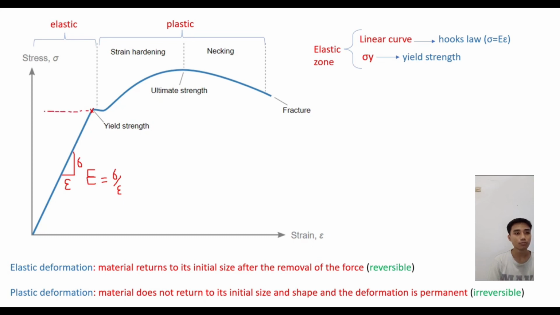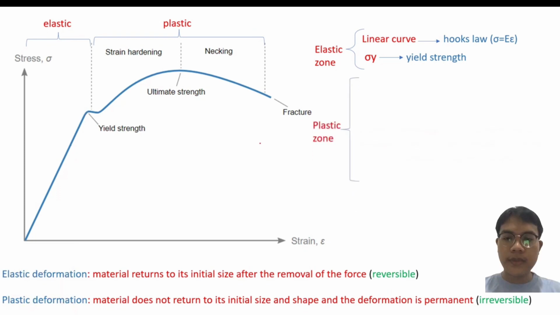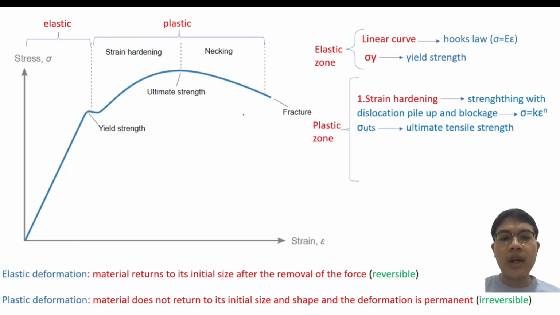After the elastic zone we enter the plastic area. In the plastic zone the curve is not linear anymore, so Hooke's law is not obeyed. Here we have two different parts, strain hardening and necking. In the strain hardening part, the slope of the diagram is positive. It means that we need more stress to have a certain amount of strain.